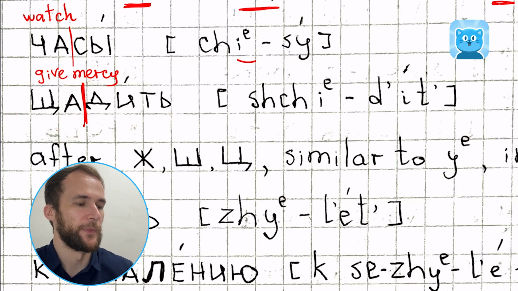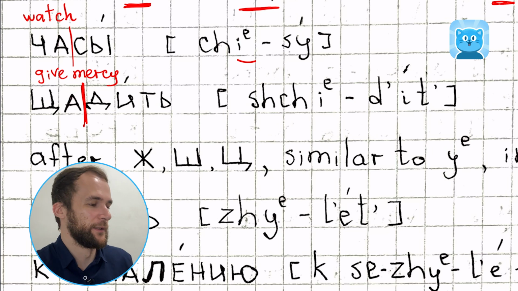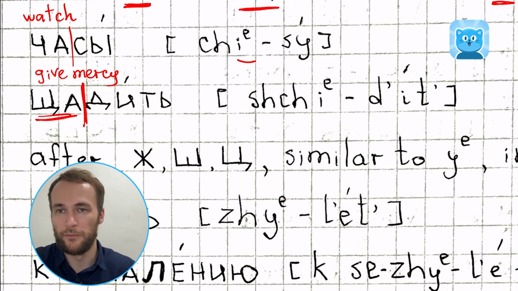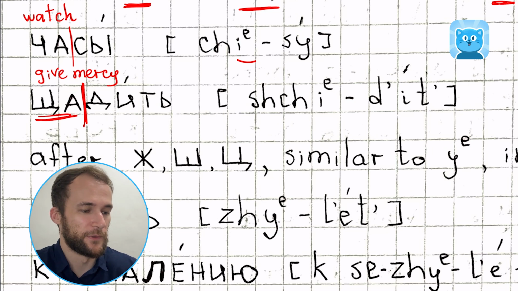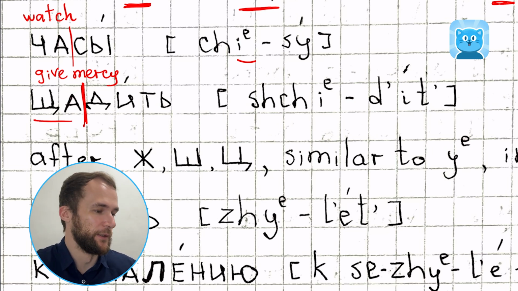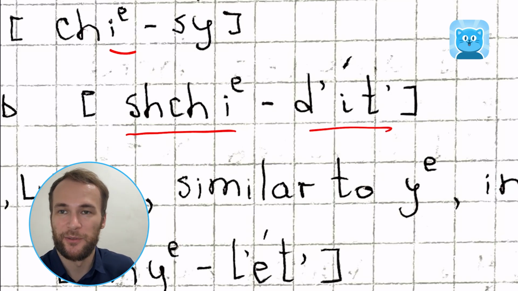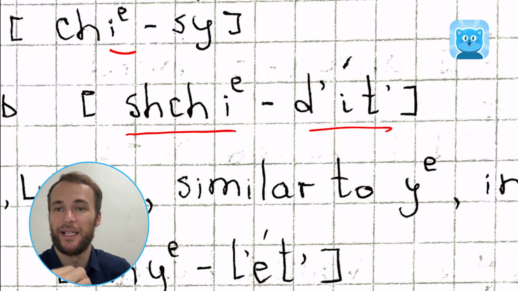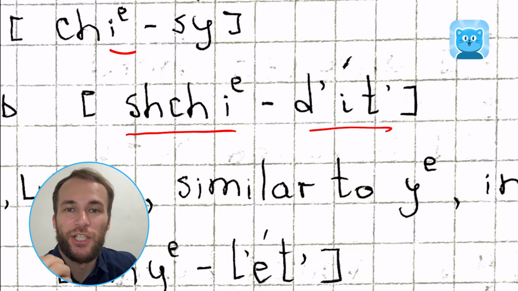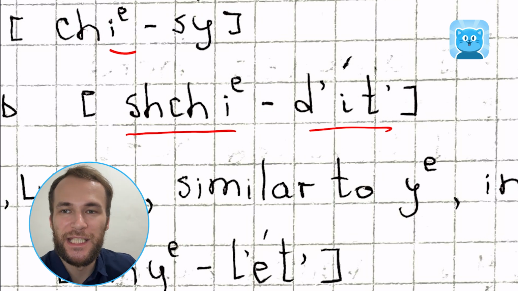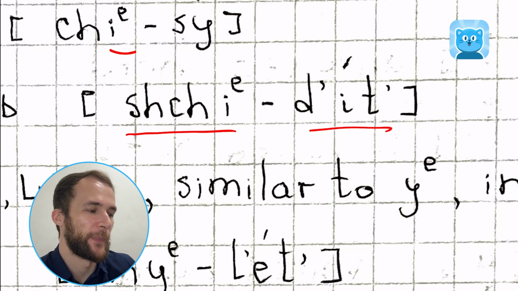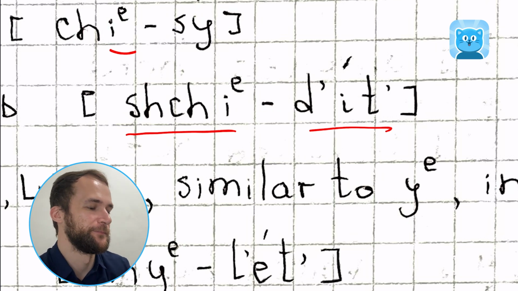Because it's in a pre-stressed syllable, it will sound like I again, right? So she dit. It's not sha dit because it's not A anymore. It's she dit.